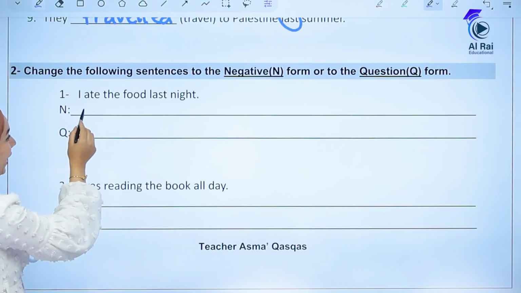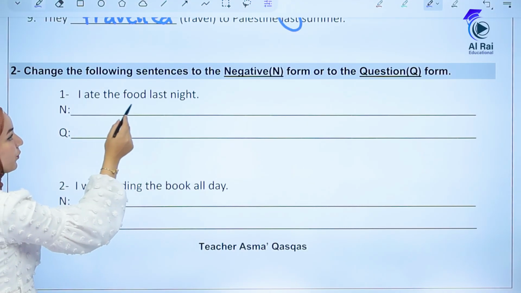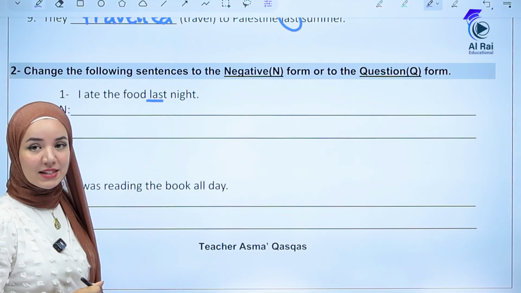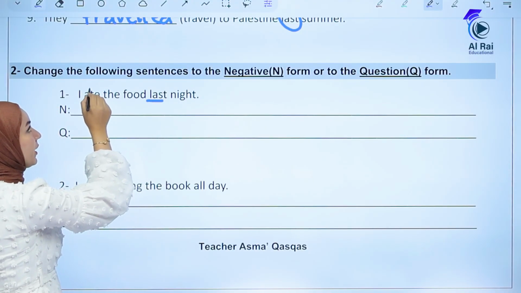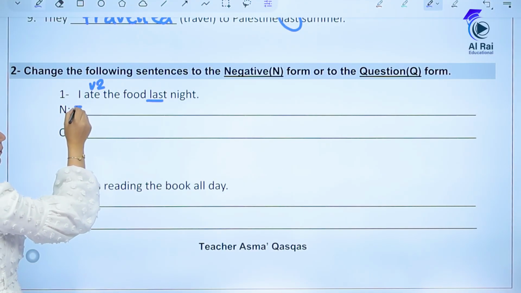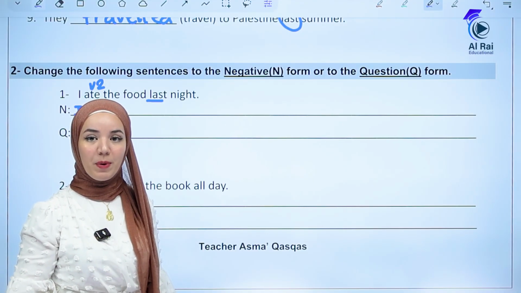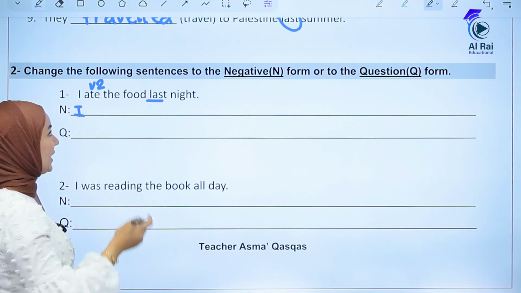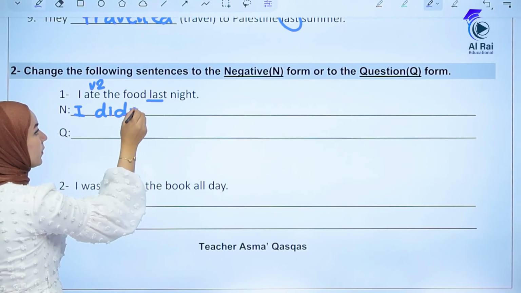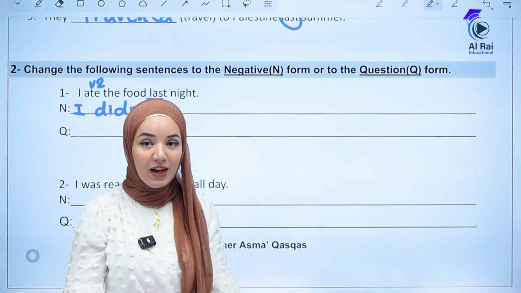At the beginning, we have 2 questions. The first one, I ate the food last night, and last night, it is a keyword for past simple, so I have verb 2. So how can I negate it? I will write I. Then I need a helping verb. What is the helping verb in past simple? It's didn't. So didn't. After did and didn't, I told you always verb 1.